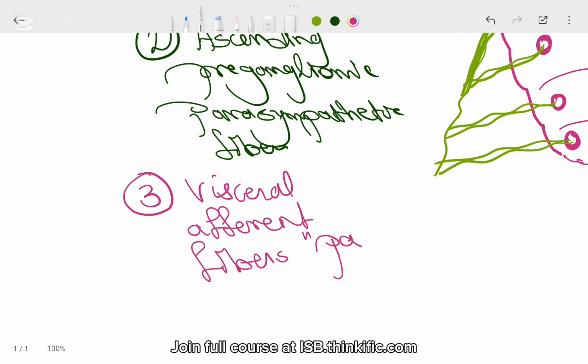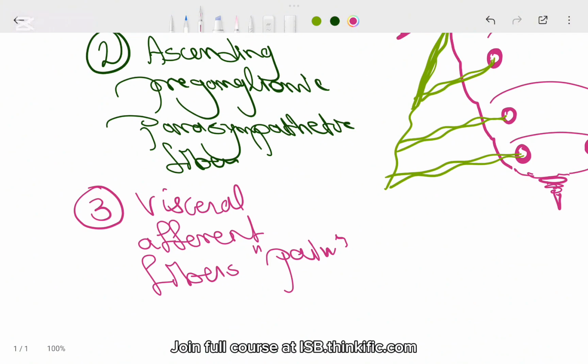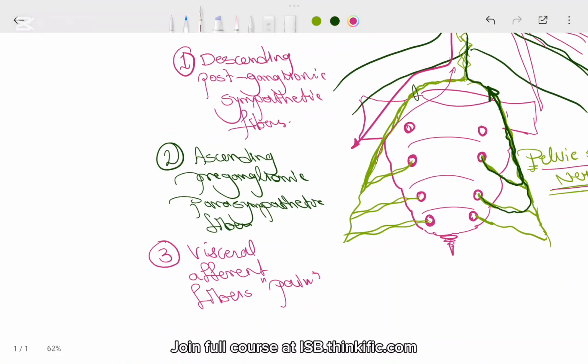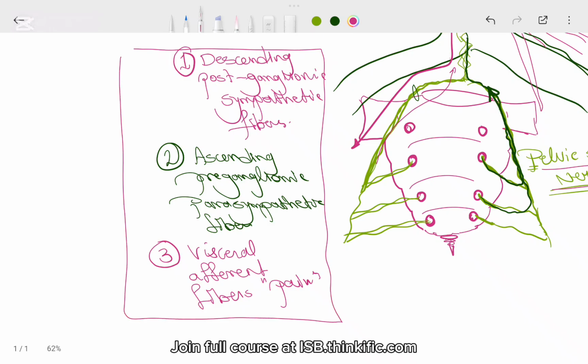They are part of the sympathetic afferent fibers, which are also ascending up from the pelvic organs toward the CNS again for visceral pain. Okay? So that's in case they ask you. Now you know what they contain. Again, they contain descending postganglionic sympathetic fibers, ascending preganglionic parasympathetic fibers originating from pelvic splanchnic, and visceral afferent fibers for pain, part of sympathetic.